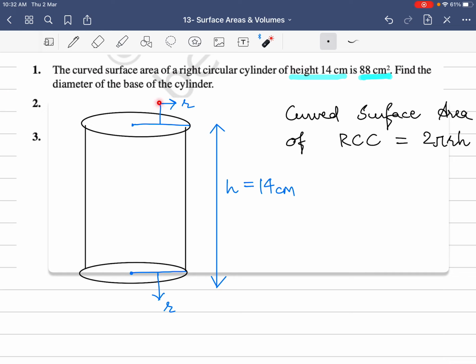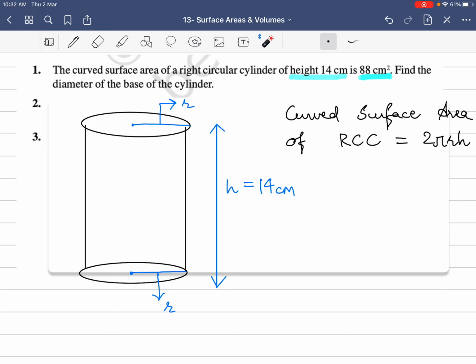So if you know the radius of the cylinder and the height of the cylinder, then the curved surface area of the right circular cylinder is given by this formula 2 pi r h. So 2 pi r is actually the circumference or the perimeter of this base, and if you multiply it by h, you get the total curved surface area.